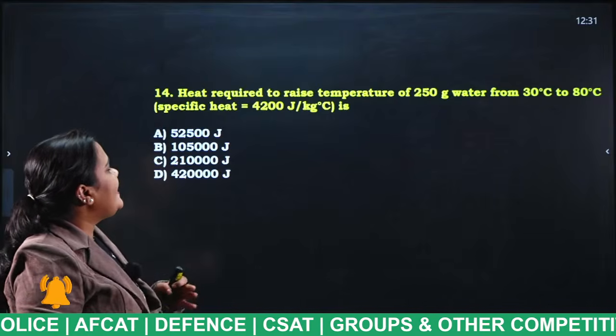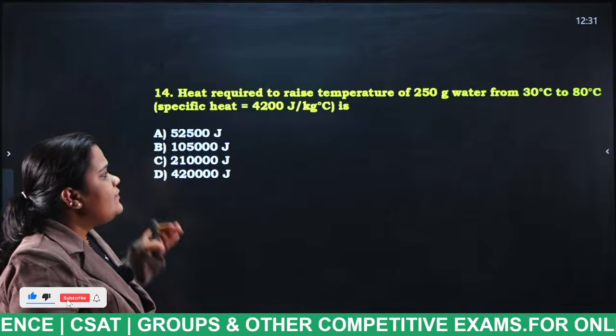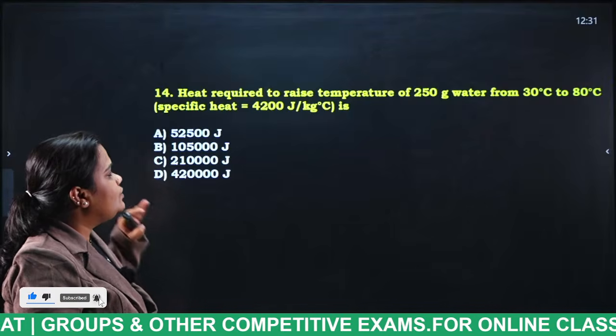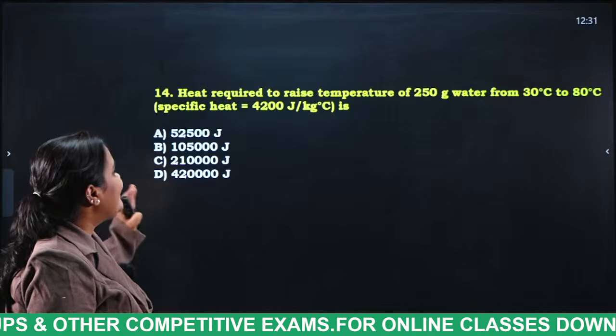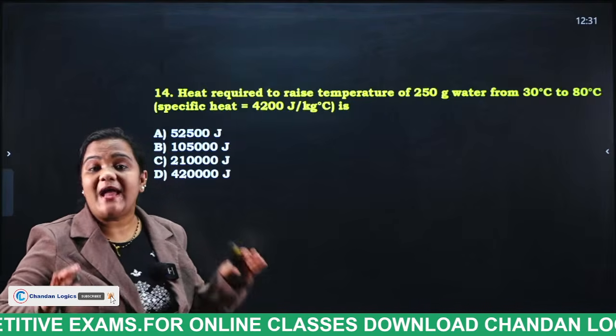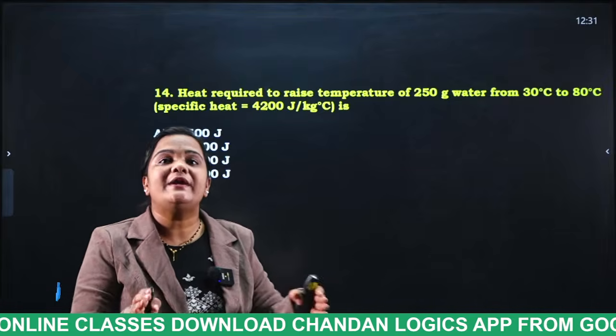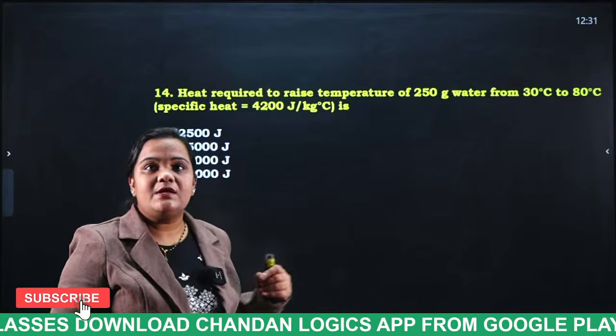Heat required to raise the temperature of 250 grams of water from 30 degrees centigrade to 80 degrees centigrade, specific heat is given. So what is the formula? Yesterday I explained the important basic formulas, so the students who were in my previous class can remember.